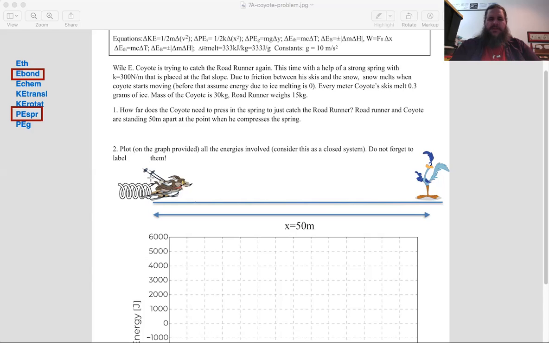Yeah, we can assume the Coyote starts with speed 0. And if we want to assume he just barely reaches the Roadrunner, what's his final speed? Right, also 0. Because if by the end he's still in the process of moving, that means he compressed the spring more than he strictly needed to. We want to figure out the just barely case. So since the starting speed and ending speed are the same, what's the total change in translational kinetic energy?